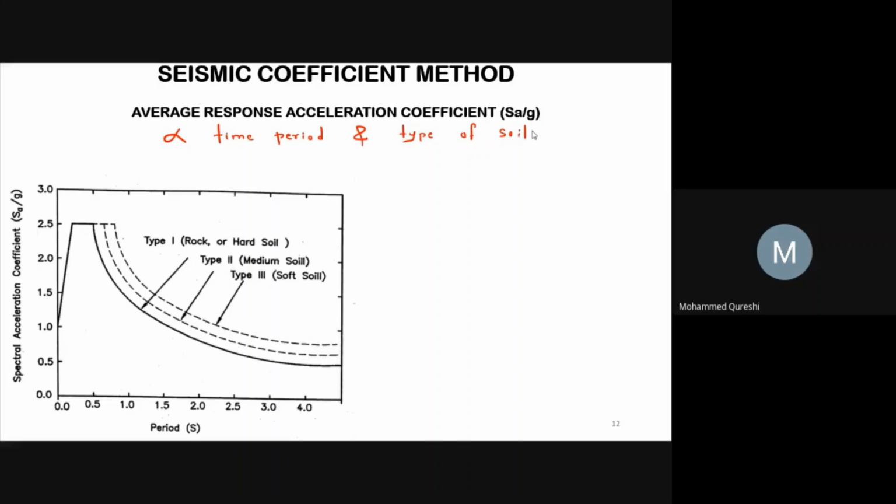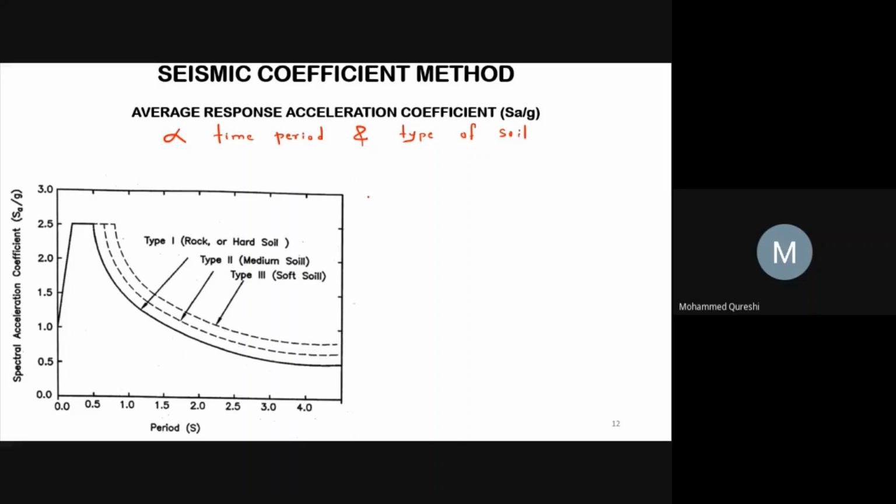So, here in the figure, your Sa by g values for 5% damping of the structures is given. For other damping values, remember this thing, for other damping values of the structure, multiplying factors given in clause 6.4.2 shall be used.